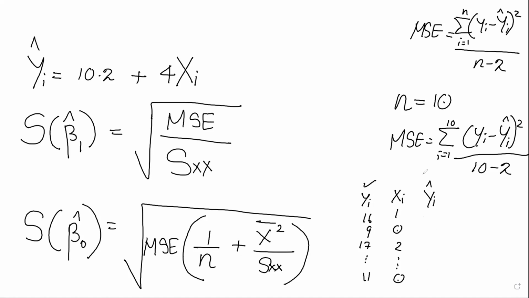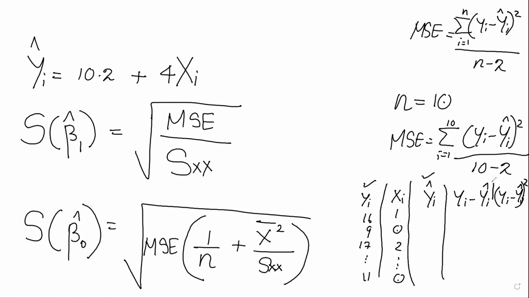You know the yi column, you know the yi hat column. Now you have to get yi minus yi hat, then take yi minus yi hat whole thing squared. Just have these columns written. I'll give you time. When you have this quantity, it's just a matter of taking the summation, which will be plugged in here.